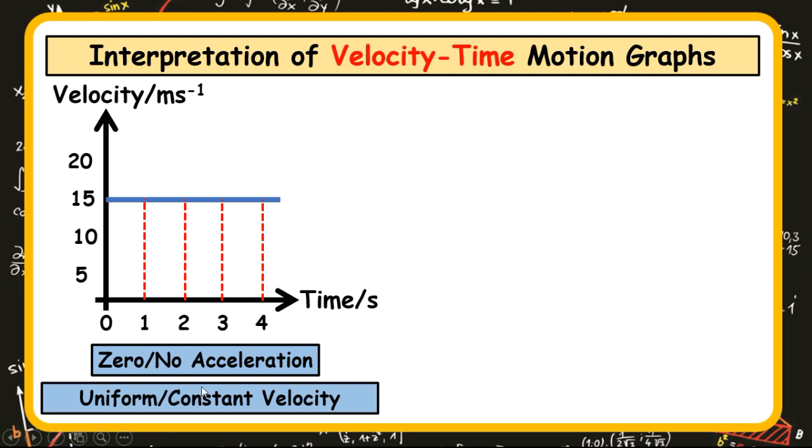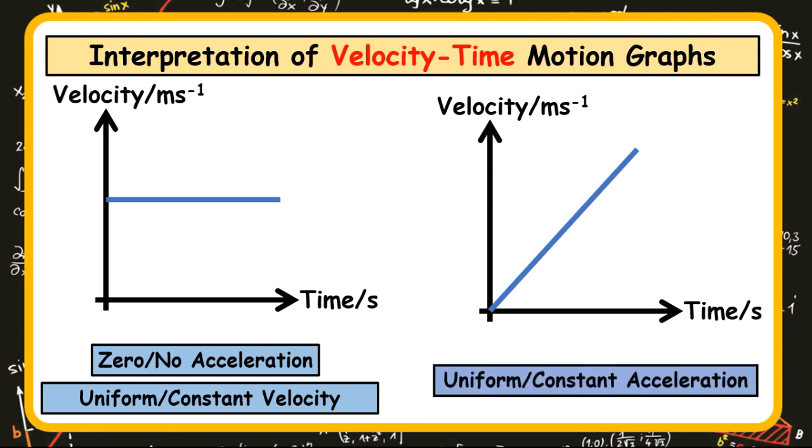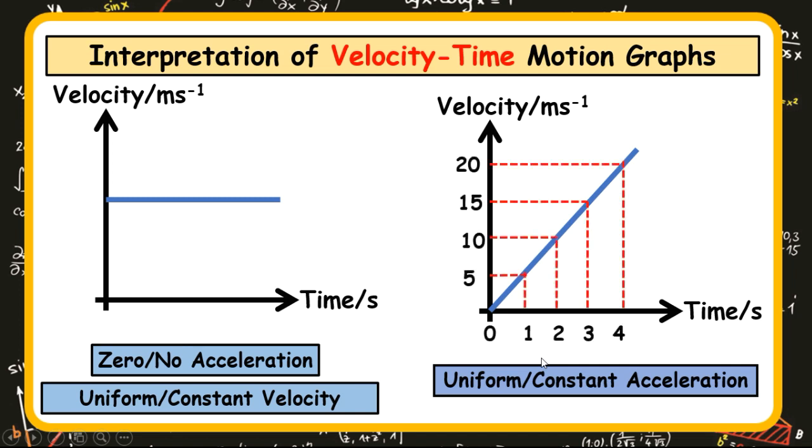Take notice of that. The next graph is called uniform or constant acceleration, in the sense that as the time increases by 1, so does the velocity increase by 5. So at every point, it has a corresponding incremental jump.